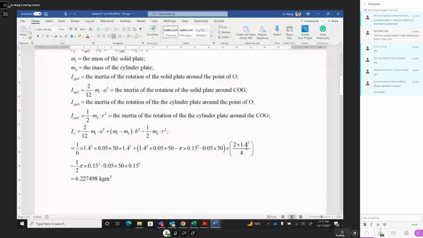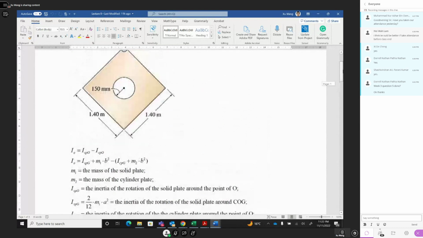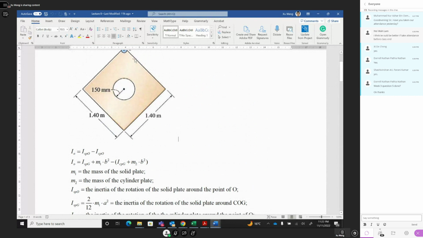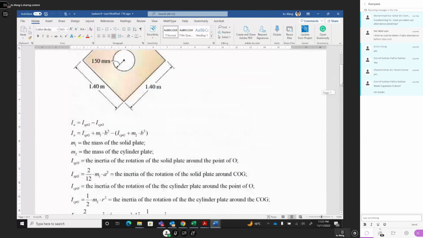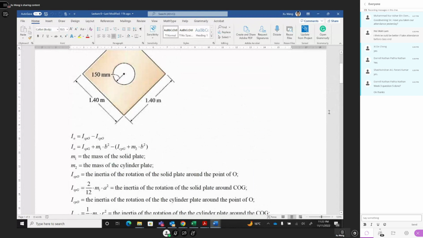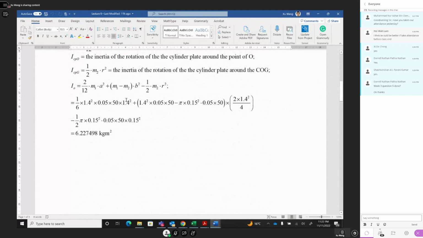So b equals 1.4 square root 2 divided by 2. Squaring it, the square root 2 gets rid of the root and becomes 2, and 1.4 becomes 1.4 square. Then divide by 2 square, which becomes 4. That's how you get b square.